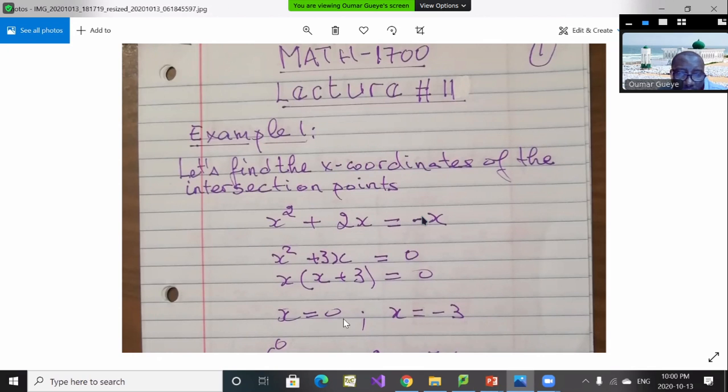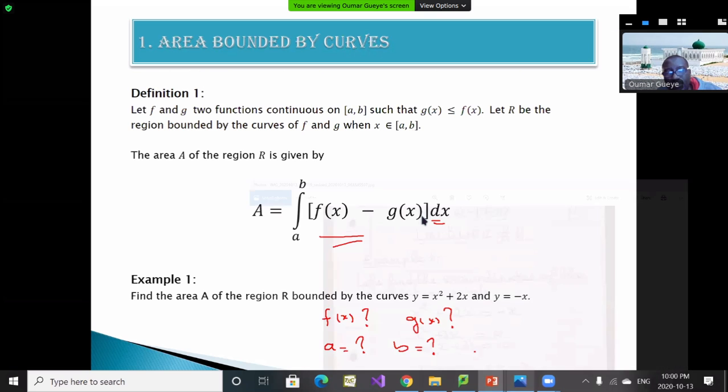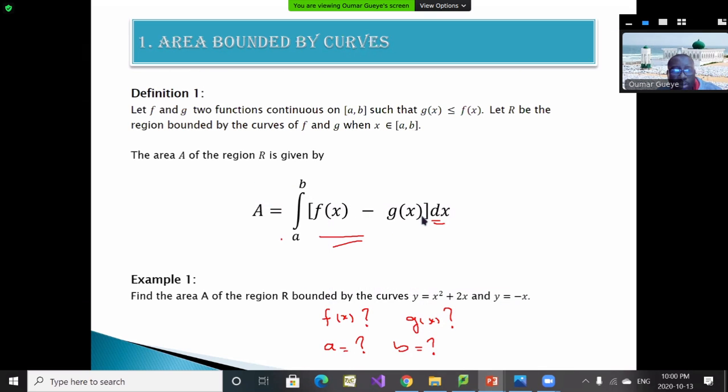So in this case, I have the values of a and b. And a is gonna be always the smallest value. So in this case, it's gonna be -3, and b is 0. So it means you have to integrate from -3 to 0. Okay. Now I got the value of a and b.